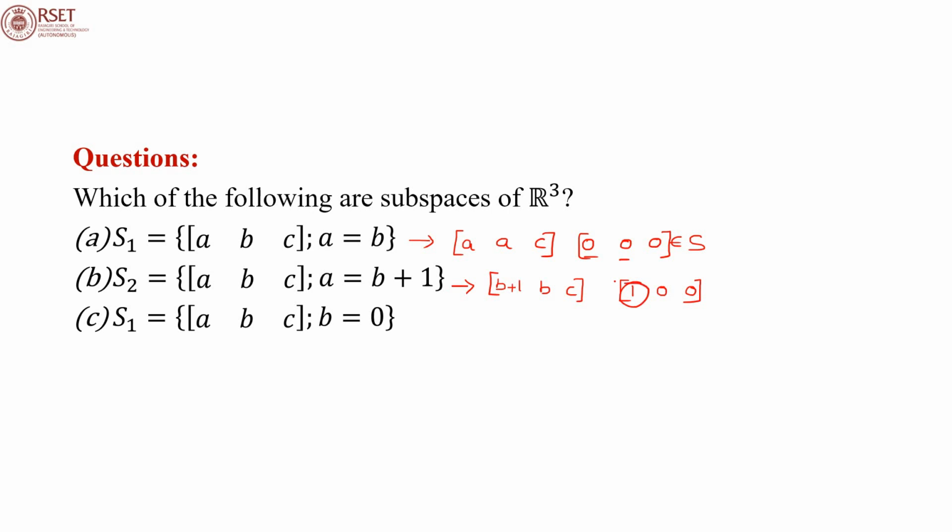The first entry will never be equal to 0 if the second entry is 0. So the zero vector does not belong to this set, and clearly we can say that this set is not a subspace. The third one you can try to work out by yourself. So by this we can conclude the topic subspaces. We will see in the next class. Thank you.